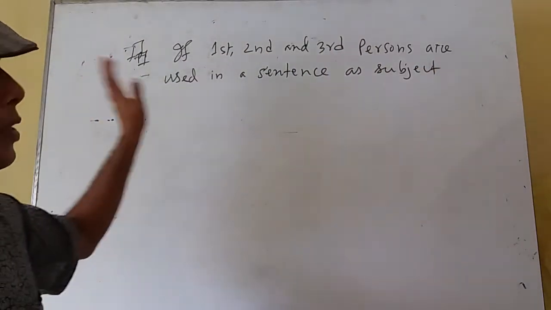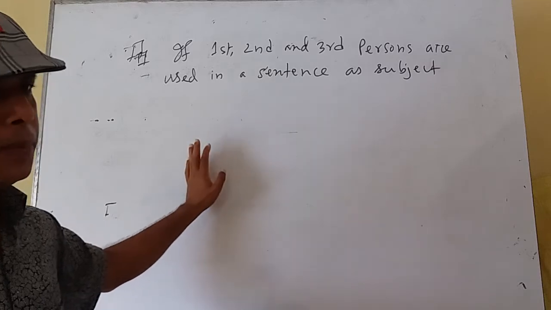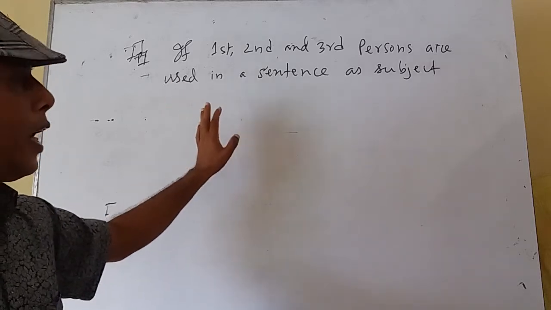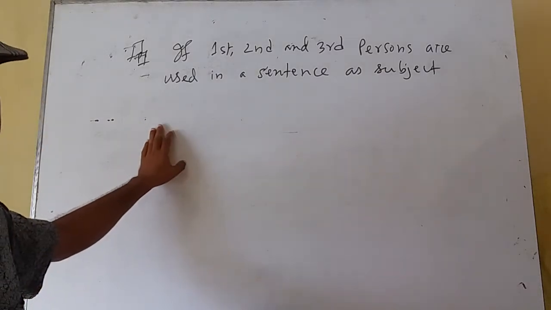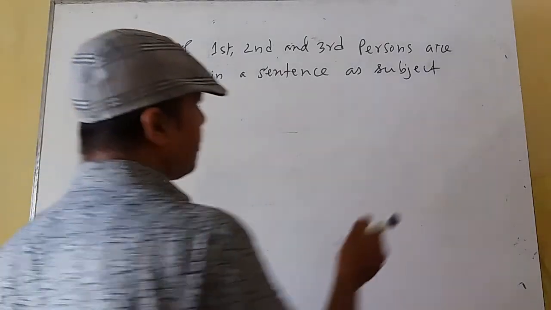If these three persons are given as a subject in a sentence, how will we arrange them? It has a definite rule. You know it.